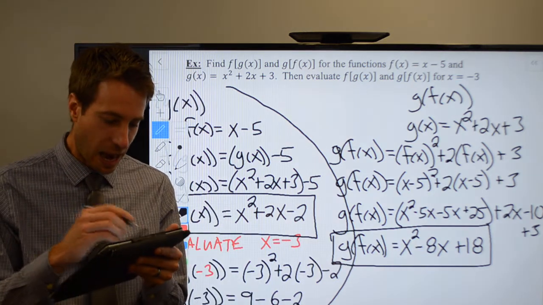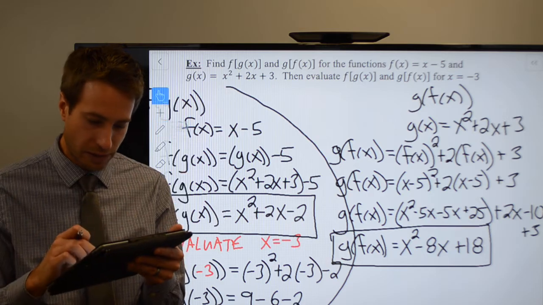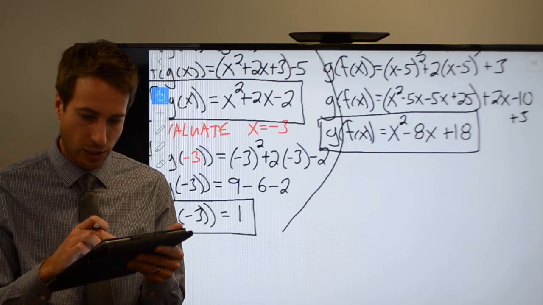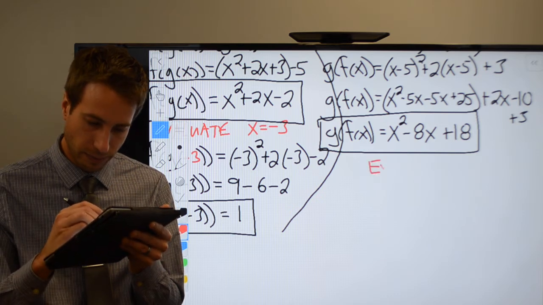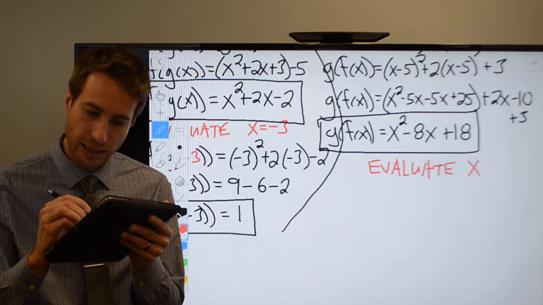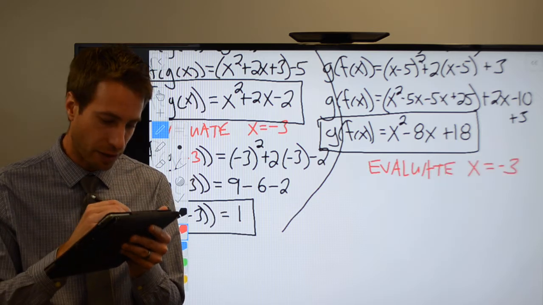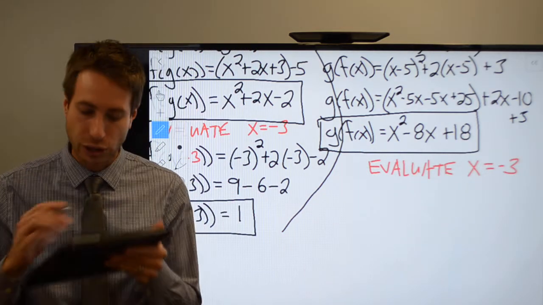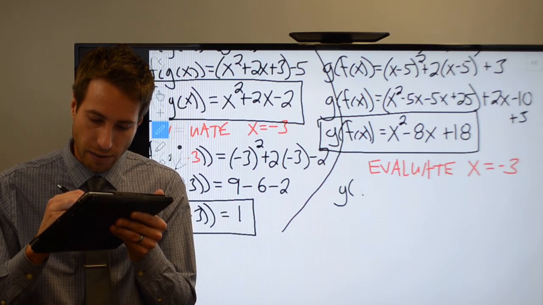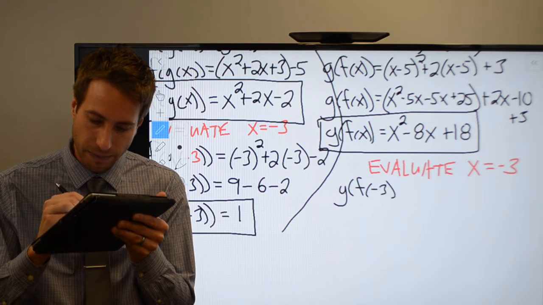And now they ask you to evaluate that guy. So let's go ahead and evaluate that guy at x equals negative 3. What that means is I need to plug a negative 3 in as my domain value. So g of f of negative 3.